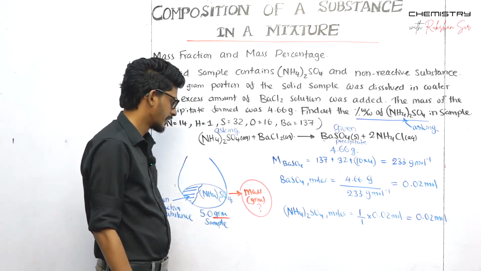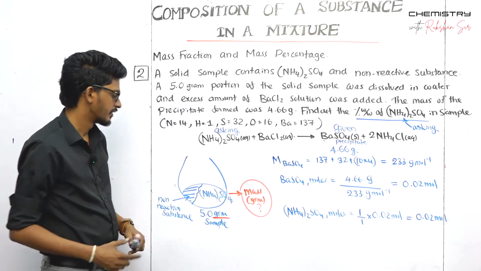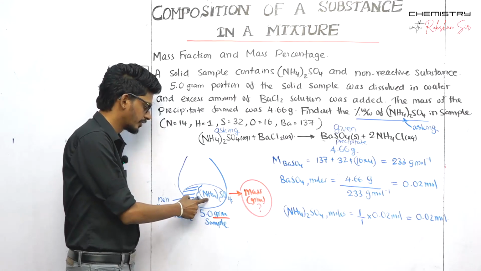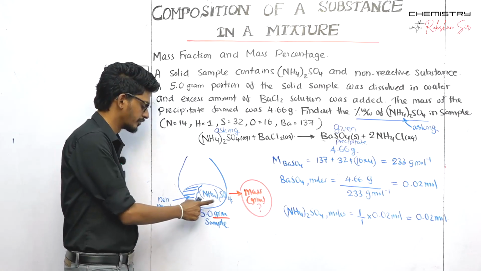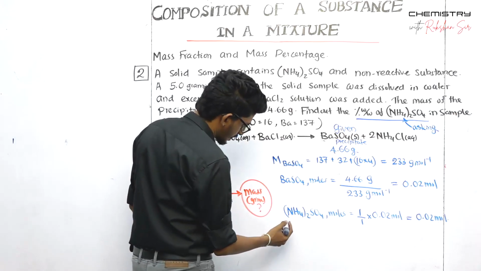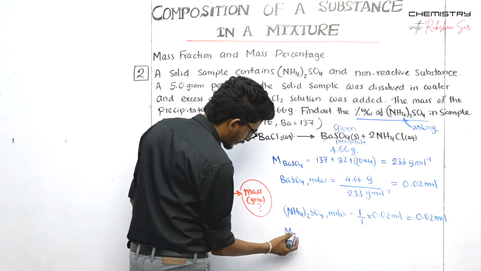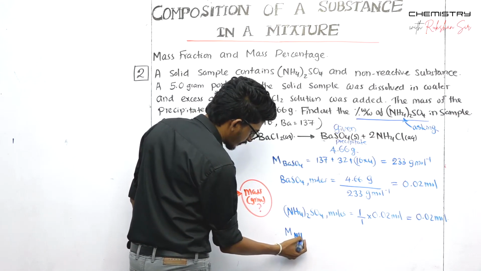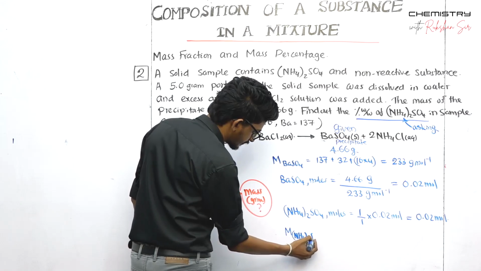For that, to convert the moles to mass, first we need to come up with the molar weight, or the g mol^-1 value, of ammonium sulfate. Let's come up with that. The ammonium sulfate g mol^-1 value.